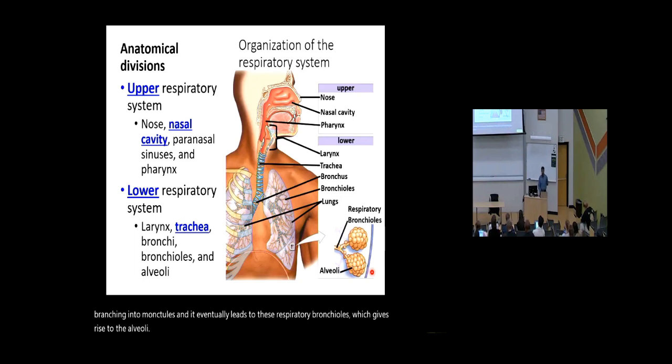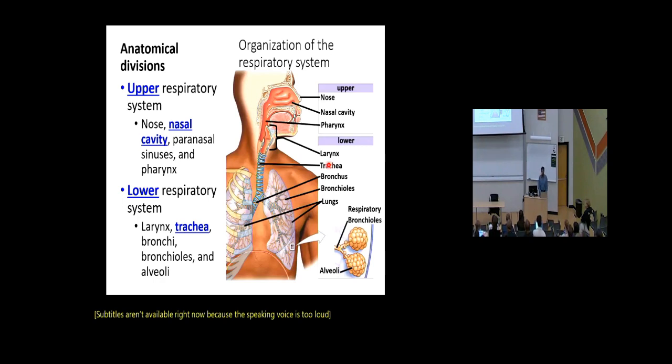So it's very convenient that the word lower starts with the letter L and the word larynx starts with the letter L, and the lower respiratory system starts at the larynx and goes all the way down, right? The larynx is also known as the voice box in common terms. So this is the anatomical division of the respiratory system.